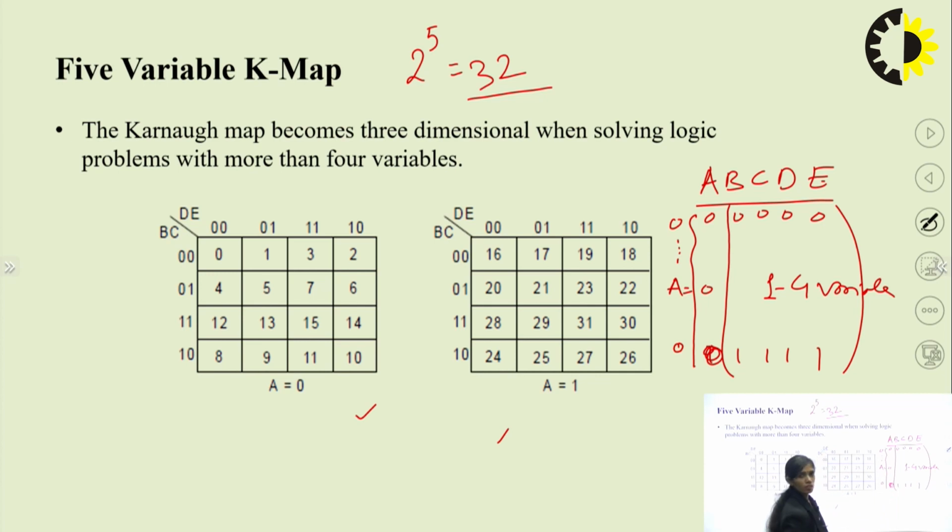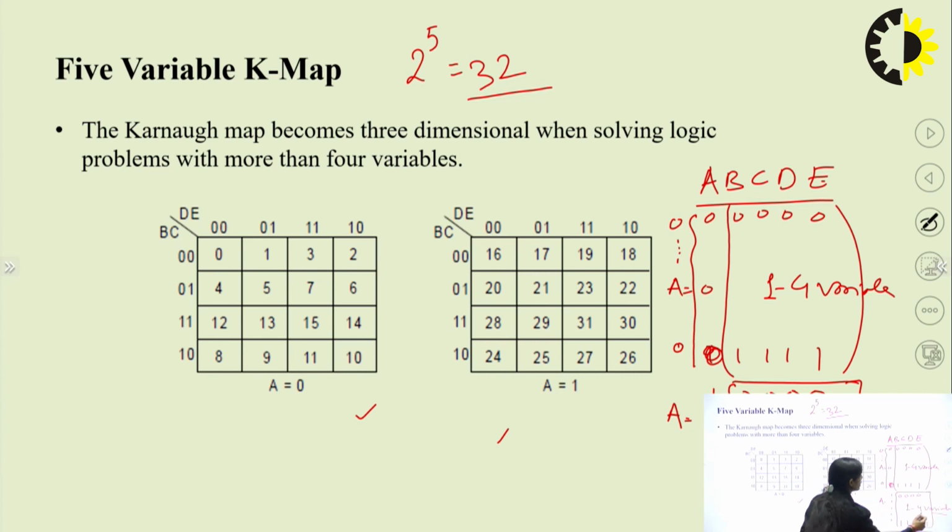So that means we can split up this 5 variable K-map into 2 4 variable K-maps. Now if A is equal to 1, we have another set of 4 variable K-map, starting from 0 0 to 1 1 1 1. So this also contains 16 blocks, that means another set of 4 variable K-map.